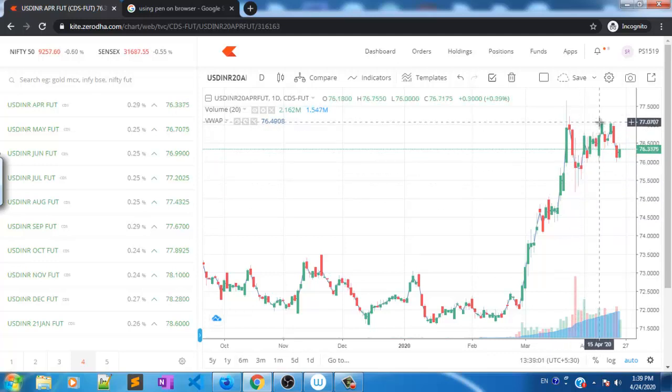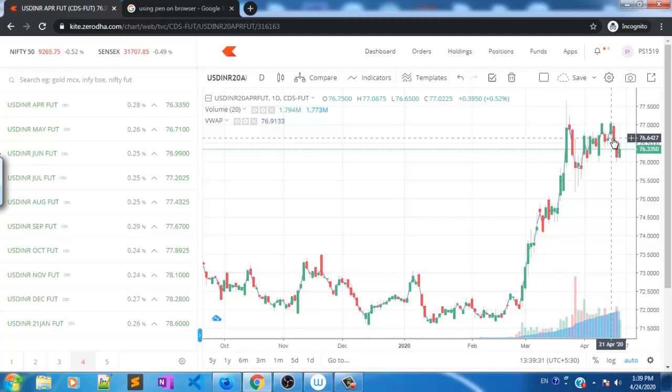Again it moved to 77, then fell down to 76.5, and next again to 77. When it made a high of 77 rupees, I shorted this 77 April CE option. My view is that it will not cross 77.5 in the current expiry. Keeping that as my trade logic, I initiated my trading position.